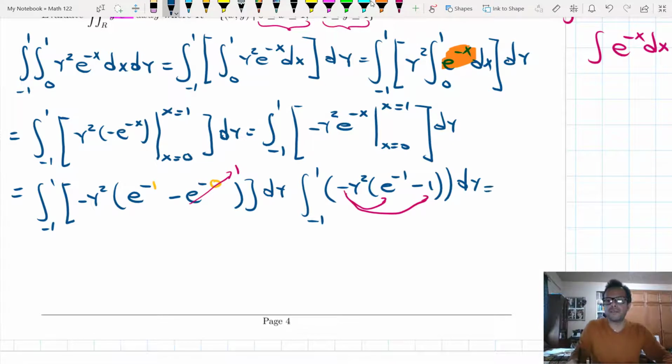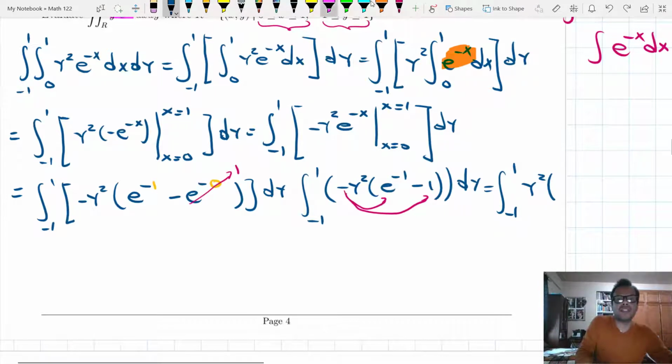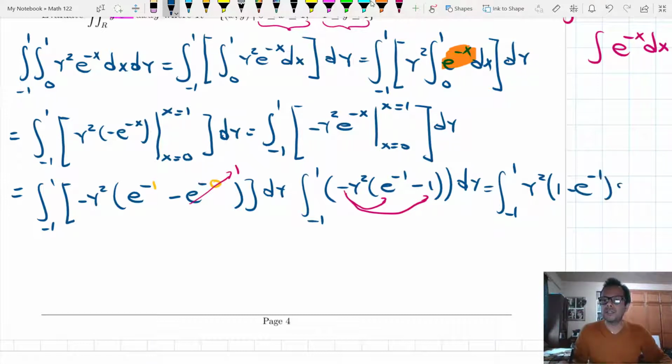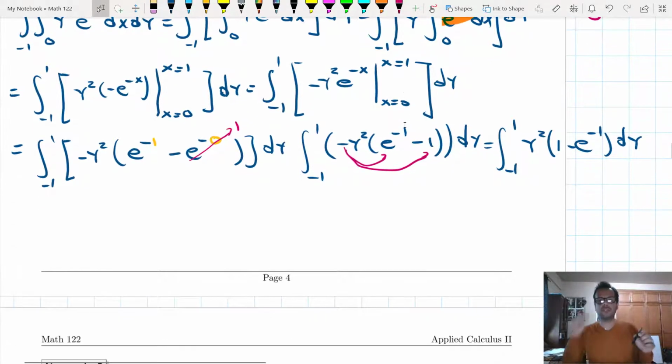So we get the integral from negative 1 to 1 of the function y squared times, keep in mind that every time you distribute a negative sign over a sum of terms, that changes the sign of everything inside the parentheses. Or if you have a positive term and then a negative term, you can just reverse the order of the terms. So times 1 minus e to the negative 1 dy. All right, so that's the integral we end up with so far.